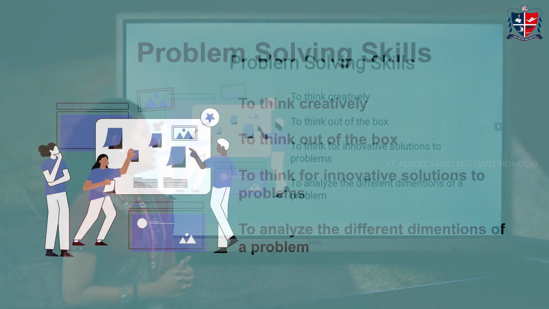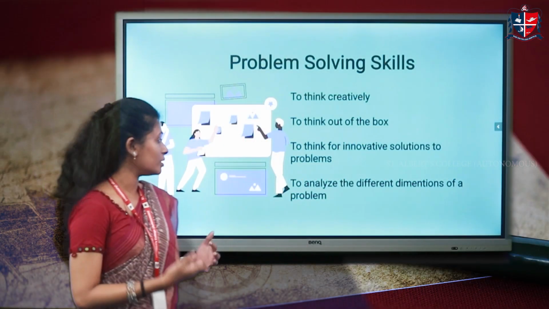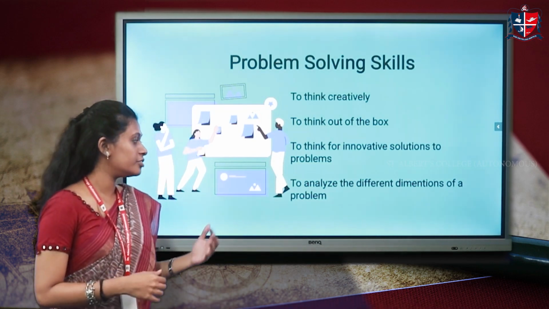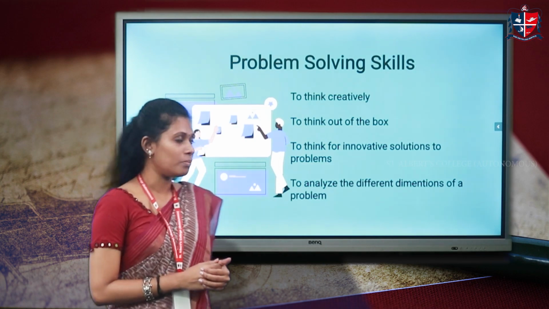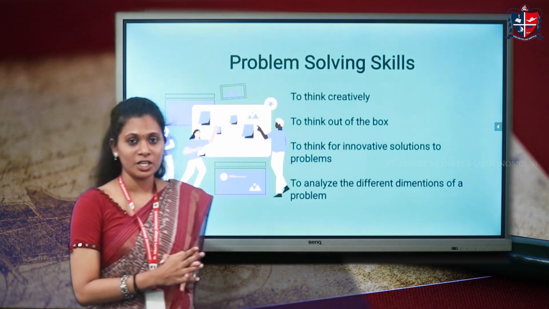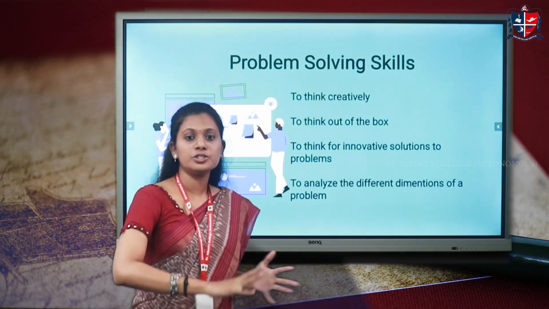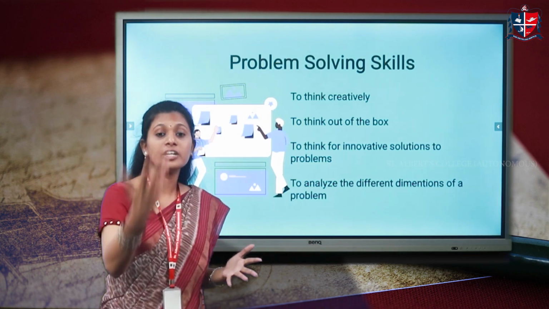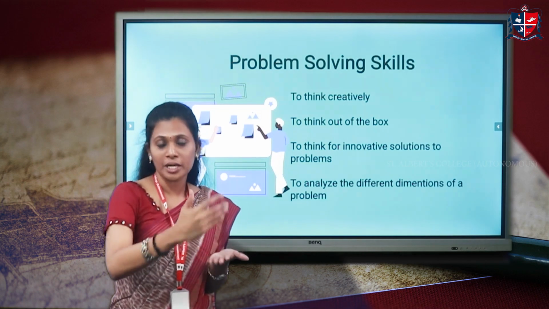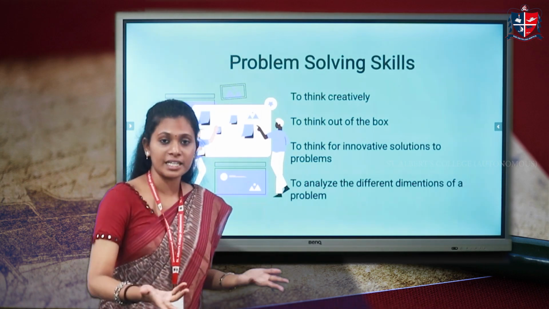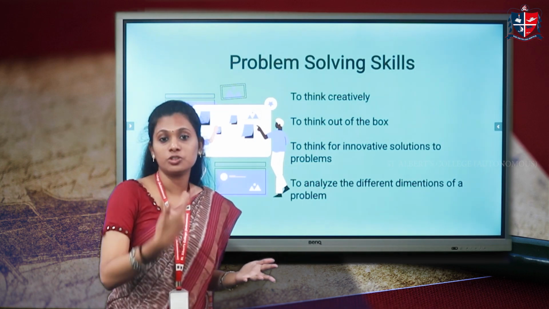Now, to think creatively, to think out of the box, to think of innovative solutions to a problem, and to analyze different dimensions of a problem. Problem solving skills: to think creatively and again to think out of the box. It is to come up with different solutions, not just follow a particular pattern or what is currently being done. It is to think differently, to come up with new, better solutions.